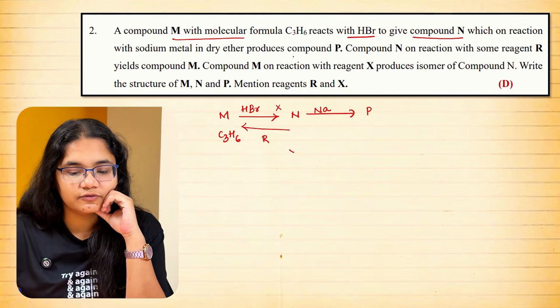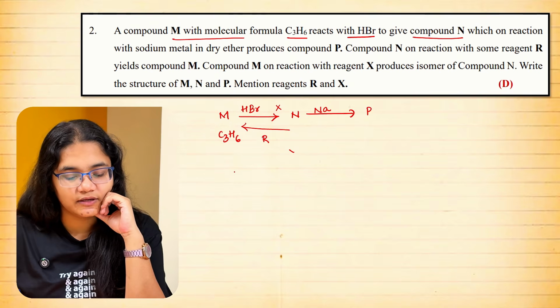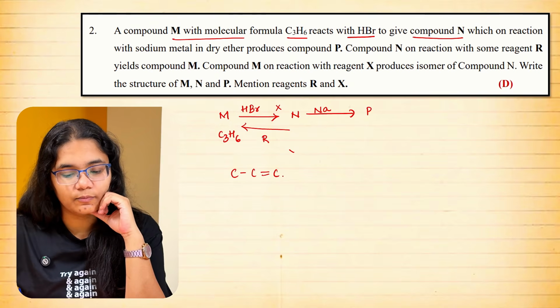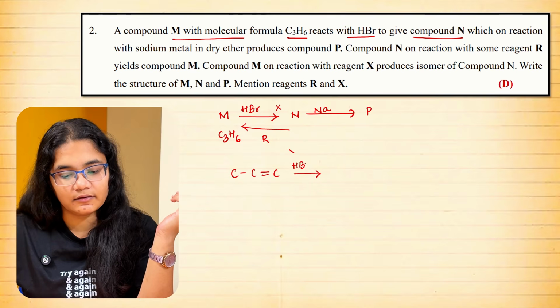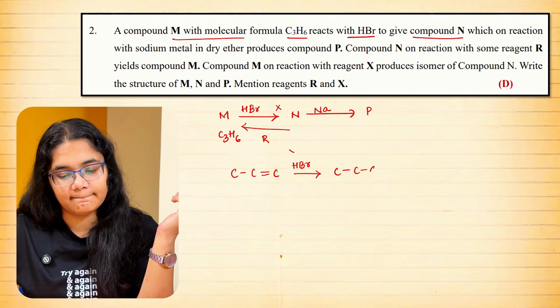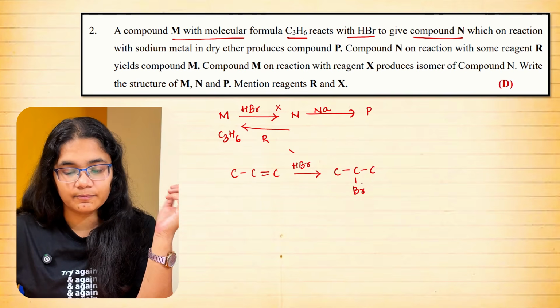So first of all, it is C3H6, so we know that this has to be a propene structure. Now when you treat it with HBr, what will I get? By Markovnikov addition, you will get this particular compound.